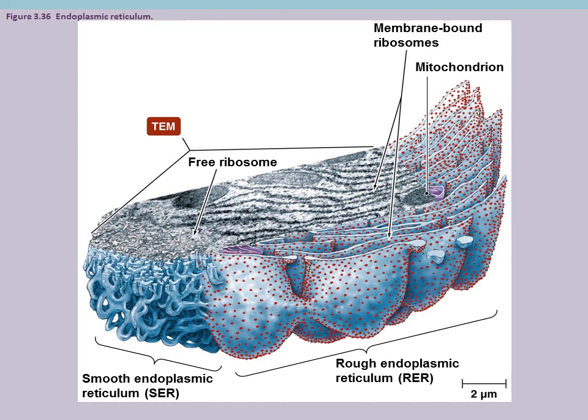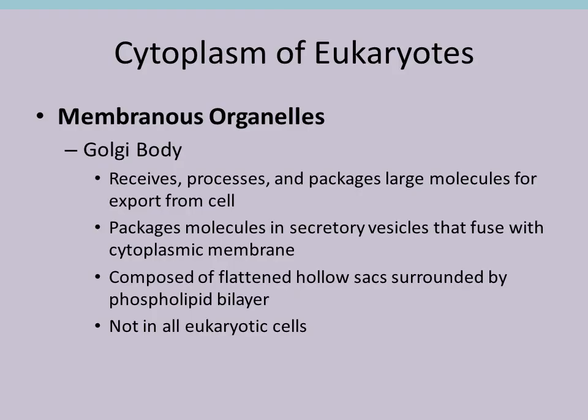These are ribosomes that are attached to it. The smooth ER often functions to help make various lipids and has specialized functions in specialized cells. The rough ER has those ribosomes on it, so it's going to be involved with protein synthesis.